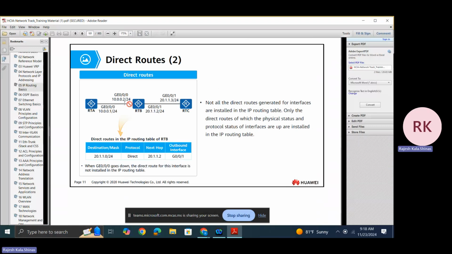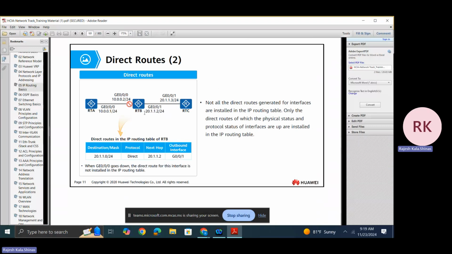Now if the interface you are connected to is down, that route will not be added into the routing table. See, RTB has two networks: one on the left side, 10.0.0.1/24 via G0/0/0, and on the right side it has 21.1.1.0/24. These are the IPs, and the networks will be like 21.1.1.0. Two different networks on left and right. But the problem is on the left side: the G0/0/0 cable is down. That means 10.0.0.0 will not be added in the routing table because it is not active.